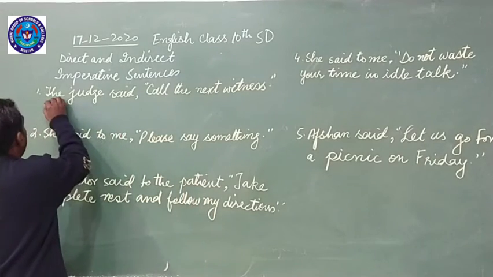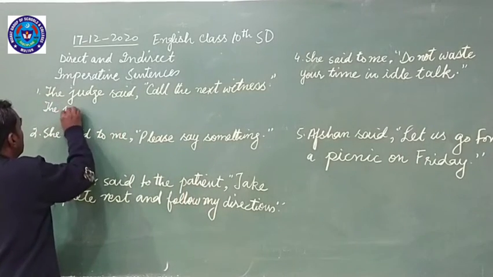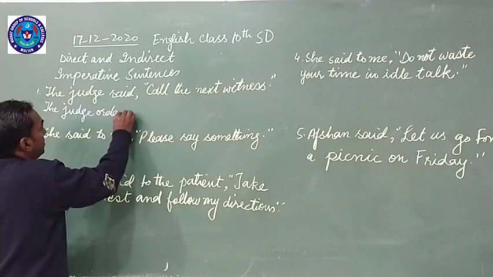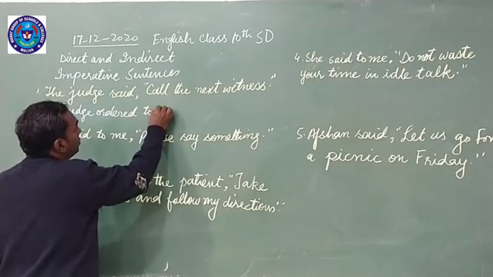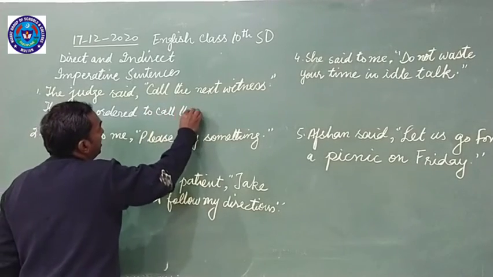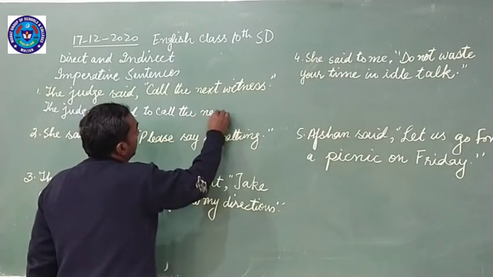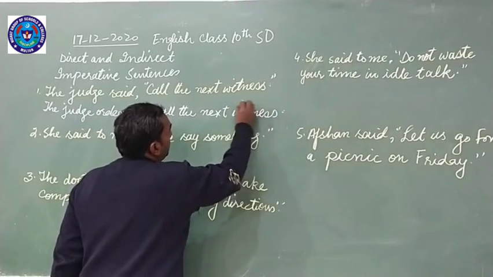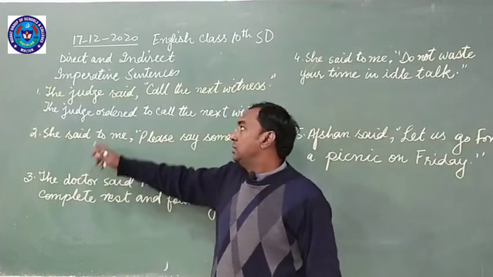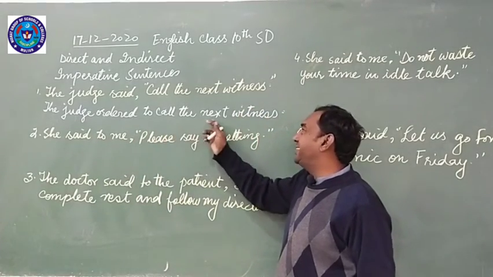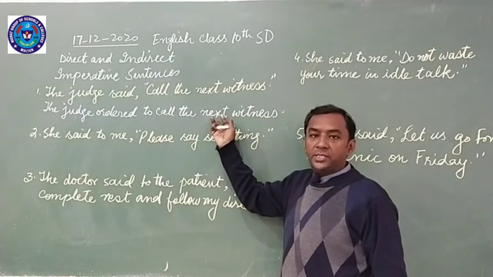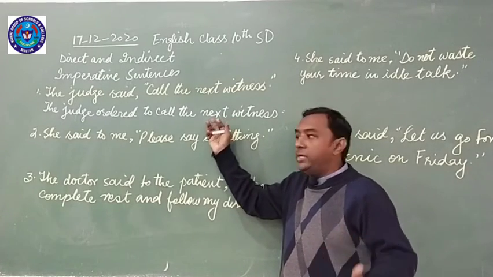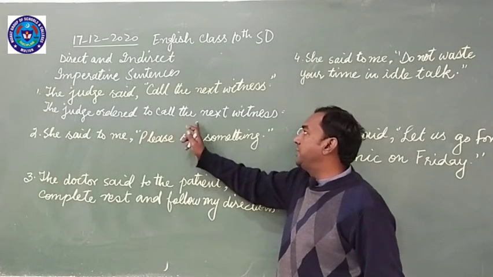This sentence will be: the judge ordered to call the next witness. The judge ordered to call the next witness. This is how we change a direct imperative sentence into indirect.